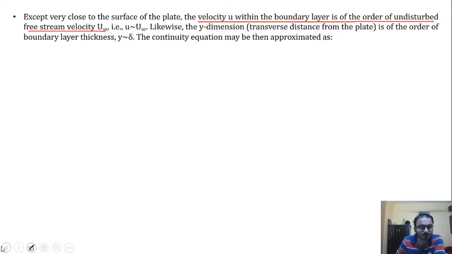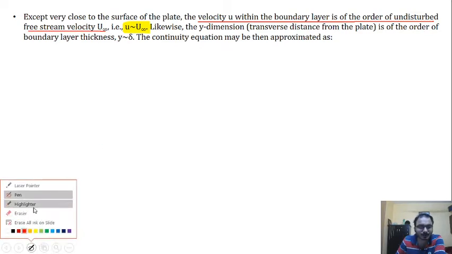That is, here u will be approximately equal to u infinity. Likewise, y dimension, that is transverse distance from the plate, is of order of boundary layer thickness, y approximately delta.